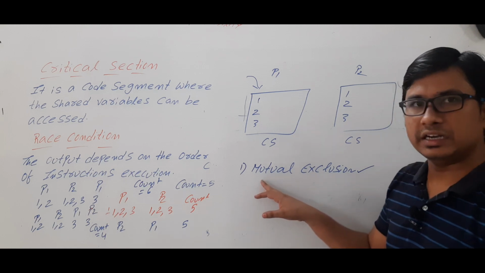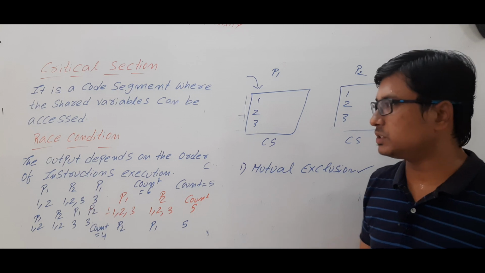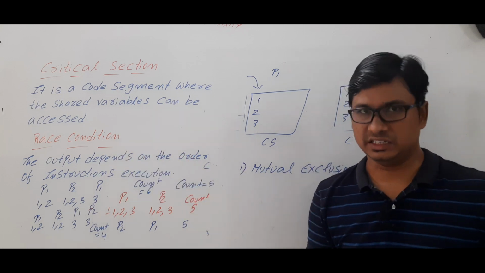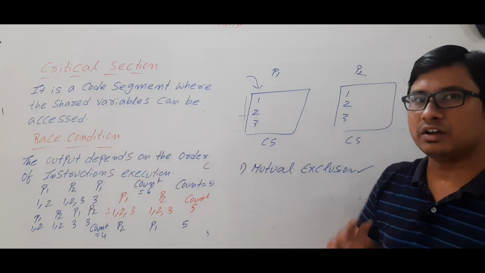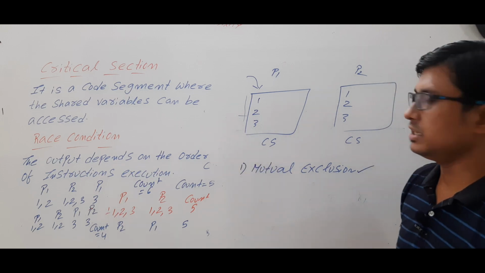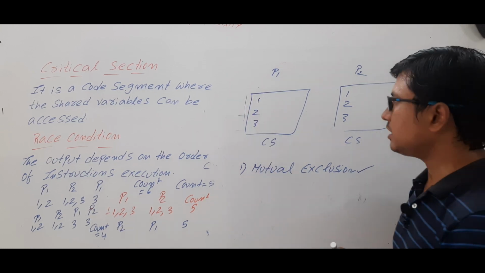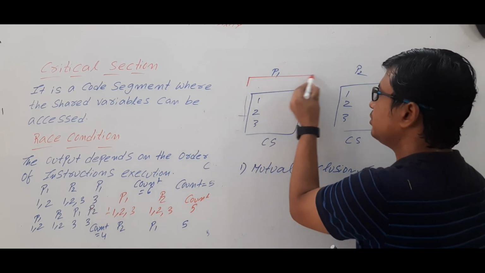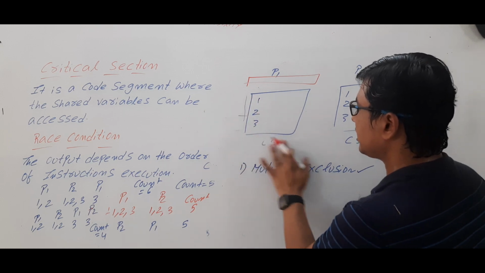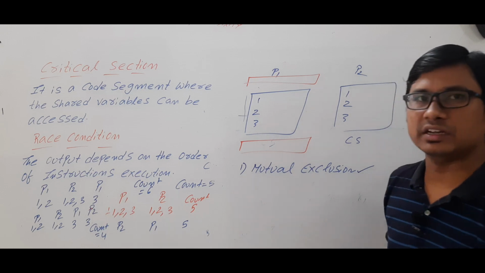If you design a synchronization mechanism which provides mutual exclusion, then you will not face the race condition. Is it clear? So this is one of the requirements of any process synchronization mechanism. Any process synchronization mechanism will write a piece of code before the critical section, and a piece of code after the critical section.